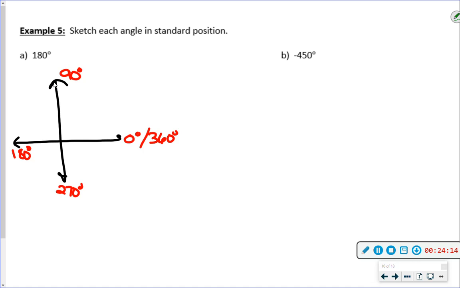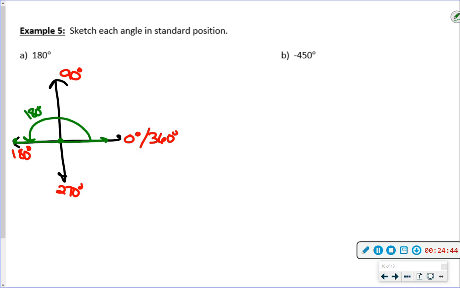Still, start drawing it the same, meaning vertex on the origin, initial side. We're going to rotate counterclockwise or up, 90, 180. You're going to land right on the axis. This is what we call a quadrantal angle. I just like to say quadrantal, any of the angles on the axes, they give them a fancy name called quadrantal. So 90, 180, 270, all quadrantals. Don't let it scare you, you can land on an axis.